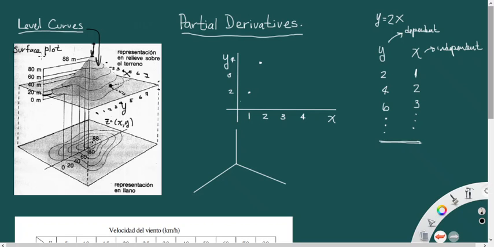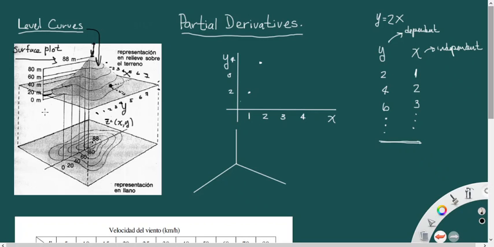So if someone asks you to draw a surface plot, this is the surface, and most surface plots are related to a minimum of two variables, in this case x and y, to represent graphically the function that is going on in this example.